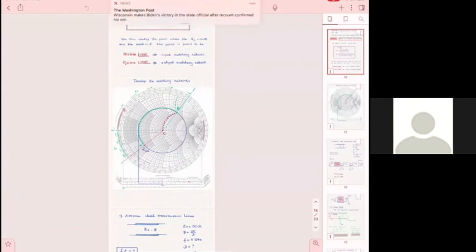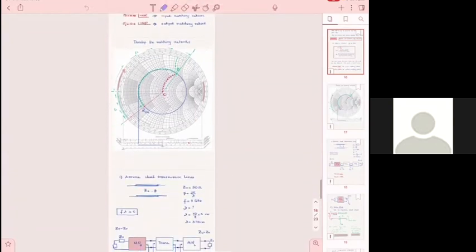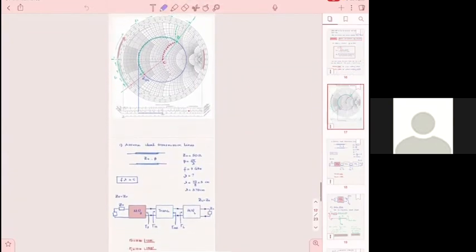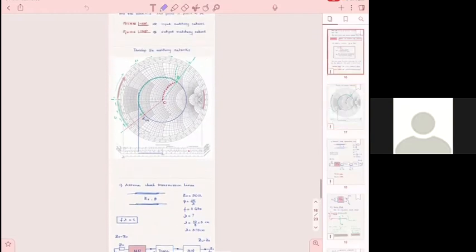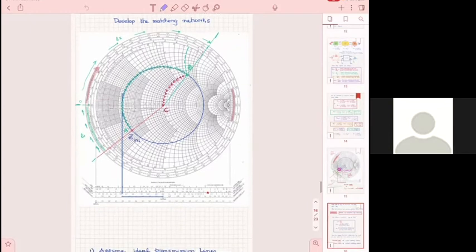So in this case, you move toward the generator. Let me see. I moved towards the generator. You are right. I think because the other one we used shunt, and this one is series. Is that the reason?